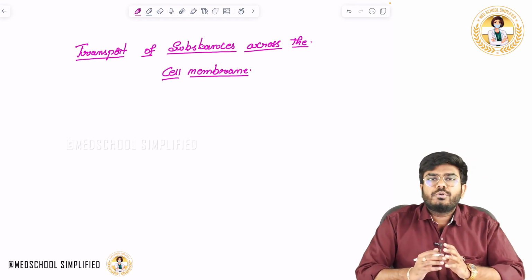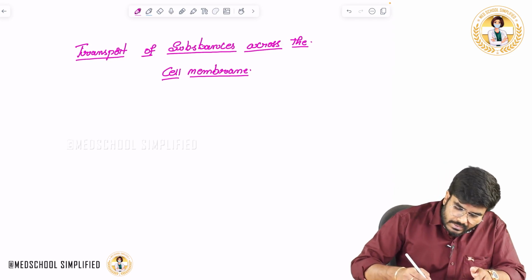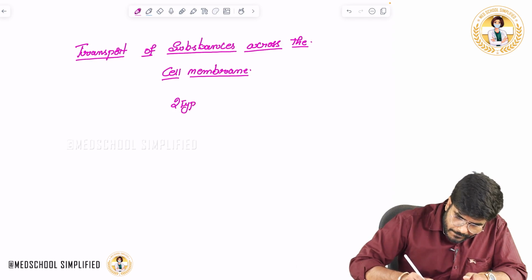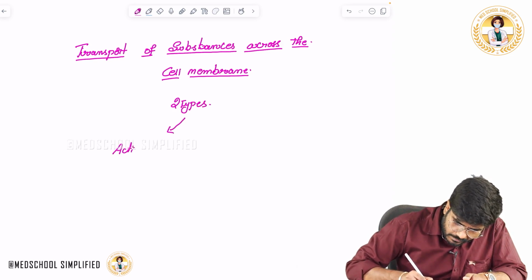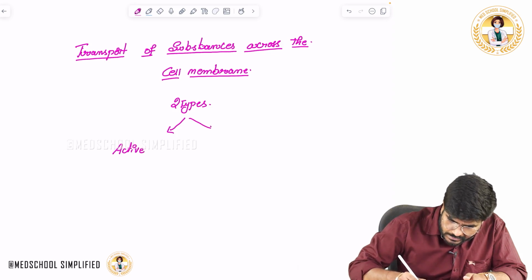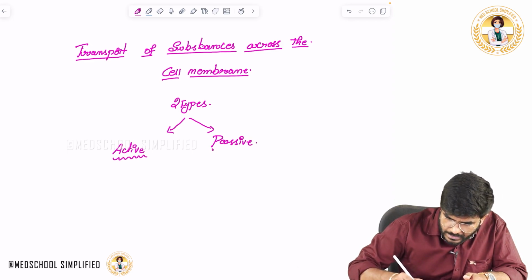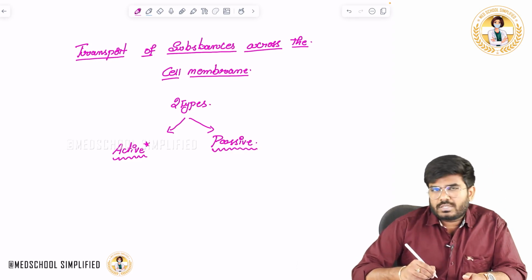Now, first of all, you should know what the two different types of transport are. One is active transport and the other is passive transport. So what does it mean by active transport?